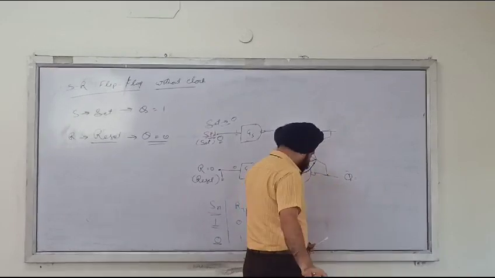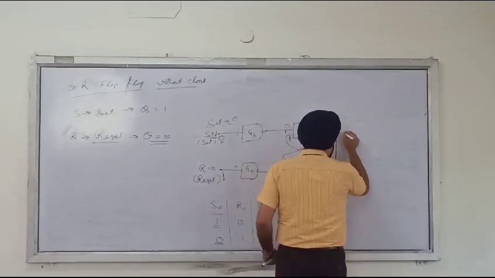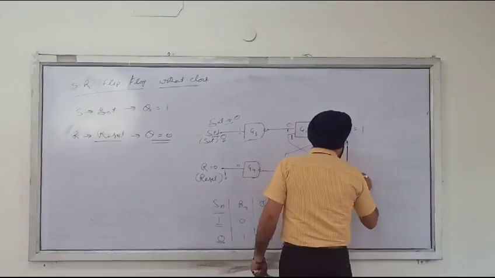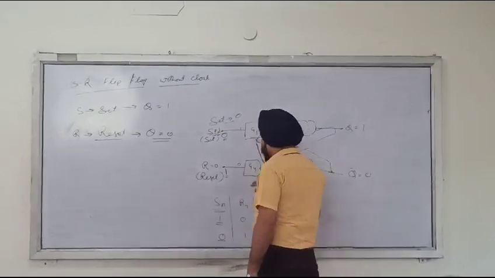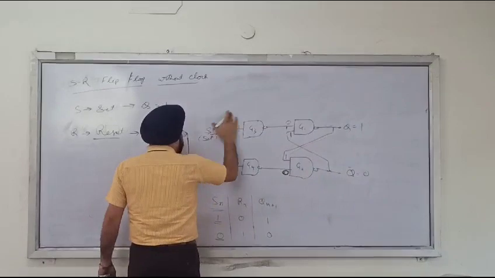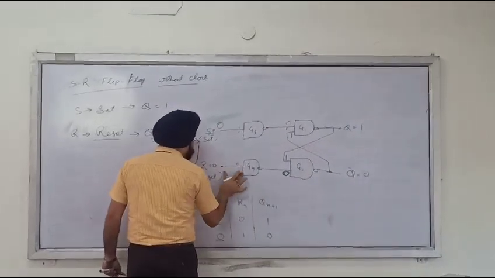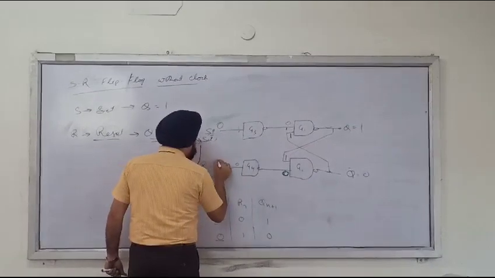Now we look at this. Now what will happen if Q is equal to 1 and Q bar is equal to 0, whereas the value of S is equal to 0 and R is also equal to 0.